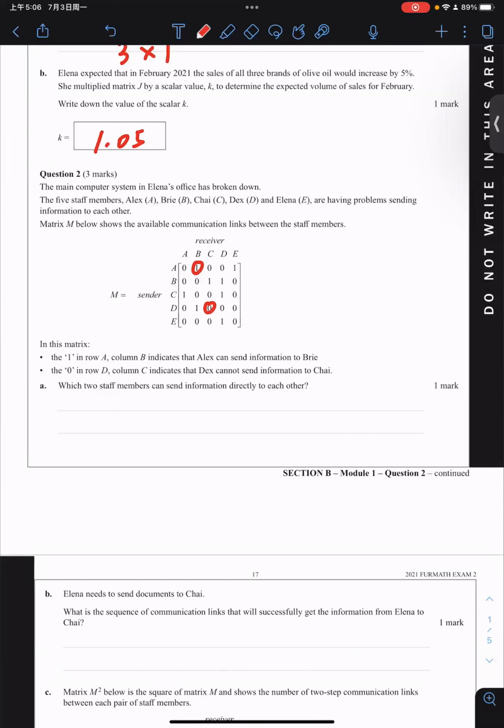Nope. What about B? B to C, however, C to B is 0. B to D and D to B. See, this one and this one, both of them are number 1. So it means Bree and our friend Dex. All right, Bree and Dex. They are the pair.